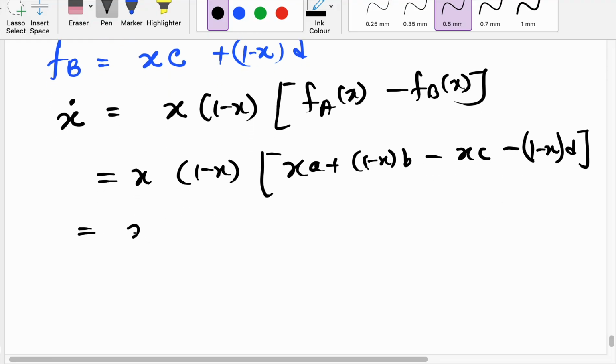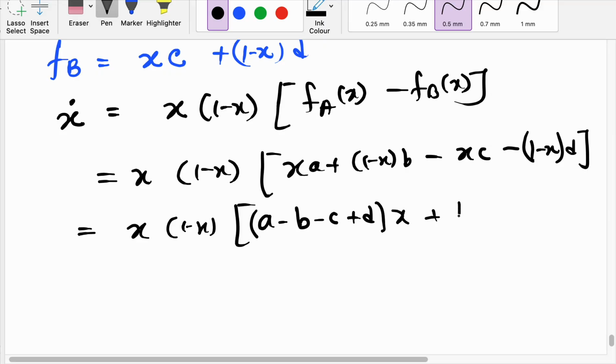If I simplify it, it becomes x(1 minus x) times [(A minus B minus C plus D)x plus B minus D]. This is called the replicator equation.